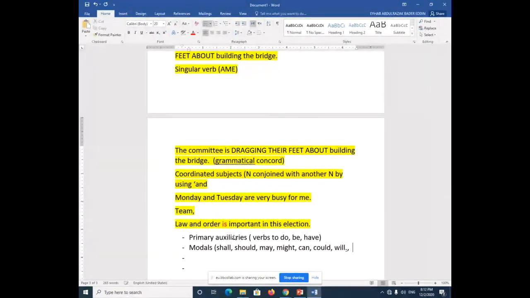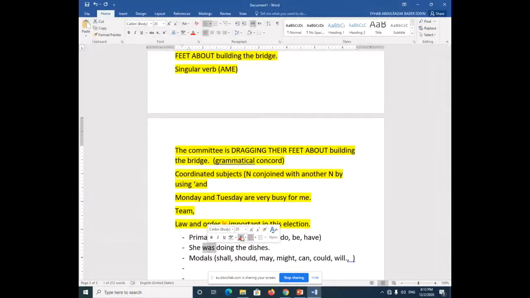We're not going to list them all now. Anyway, primary auxiliaries can be used in two different ways. Either as auxiliaries to form different tenses, like for example, she was washing or she was doing the dishes. Here, was is used as an auxiliary verb, right?